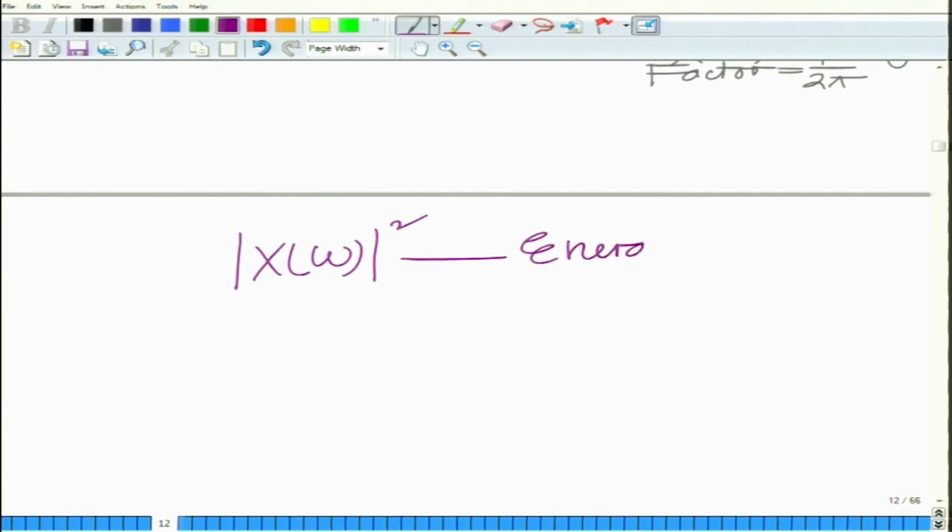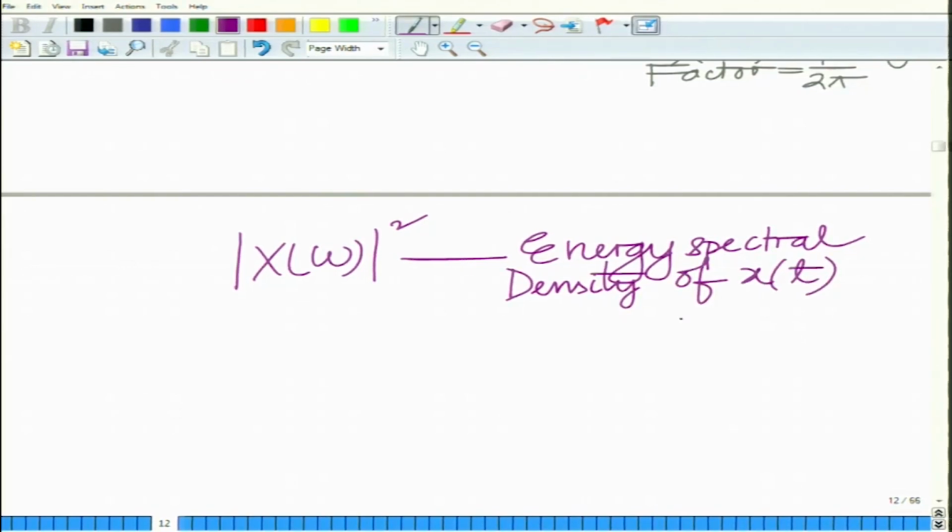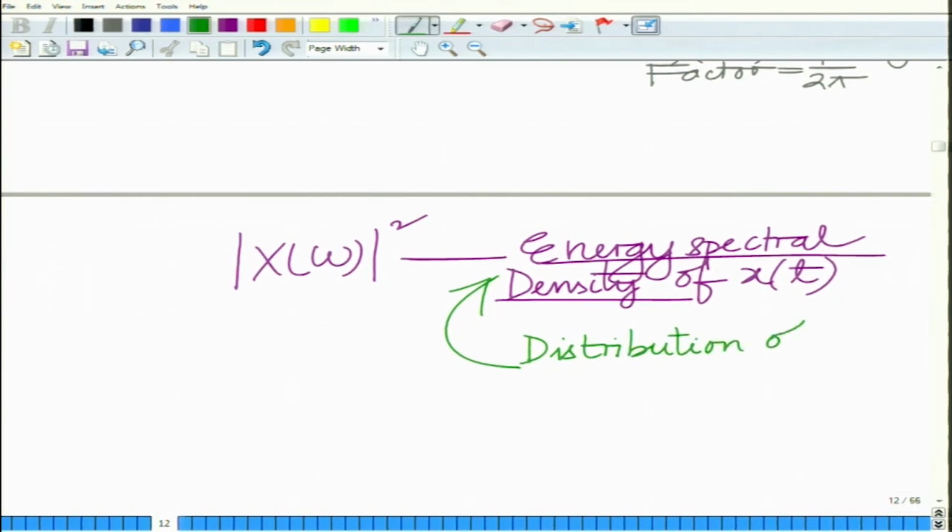This is termed as the energy spectral density of x t, that is, you can say this is the distribution of the energy over the spectrum.